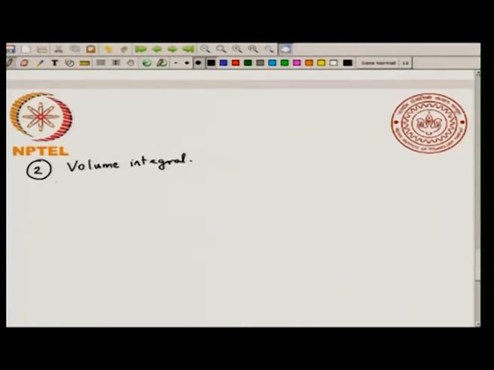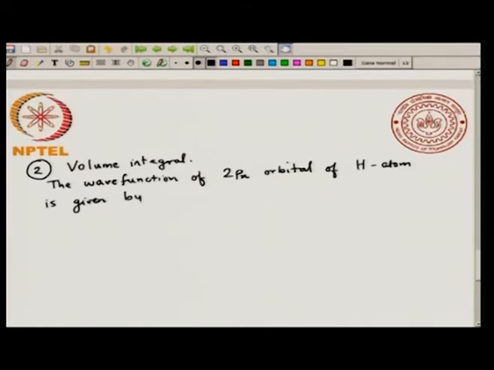Here, provided that the wave function of the 2px orbital of the hydrogen atom is given by psi of 2px, which is proportional to r e to the minus r by 2a into sin theta cos phi.